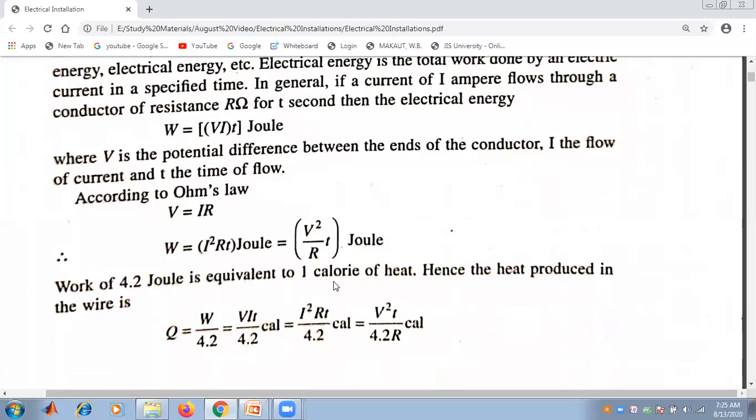So the heat produced in the wire, denoted by Q, can be written as Q equal to W by 4.2, that is VIT by 4.2 calorie, or I square RT by 4.2 calorie, or V square T by 4.2 R calorie.